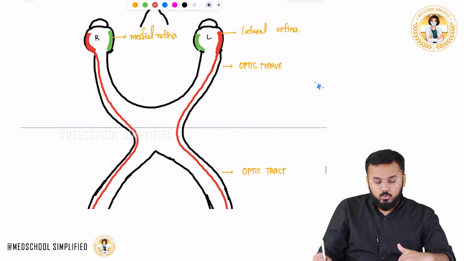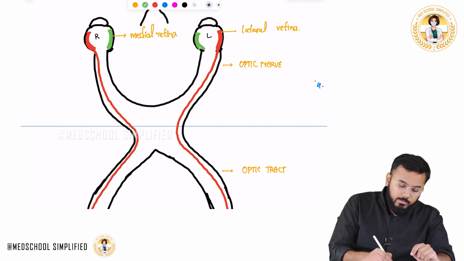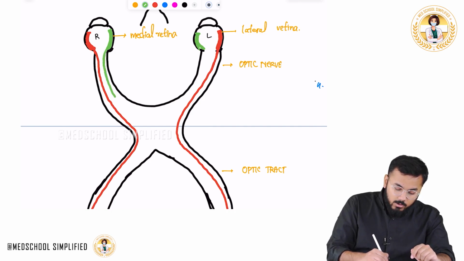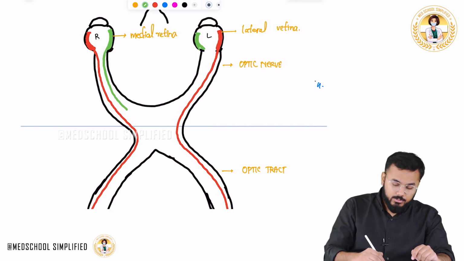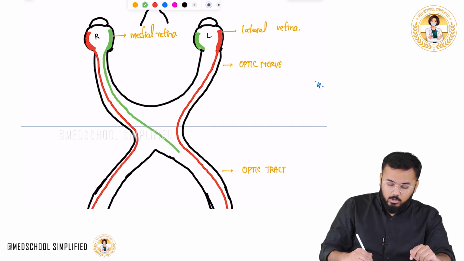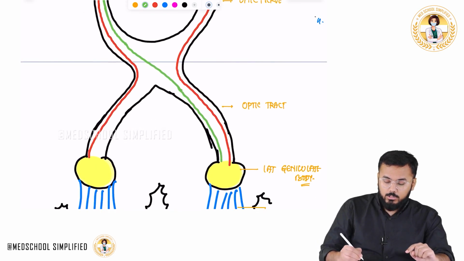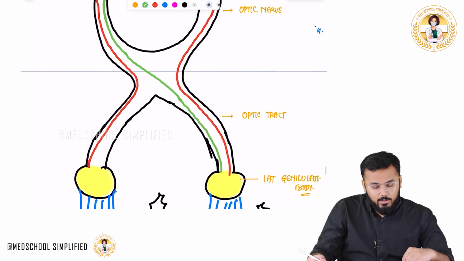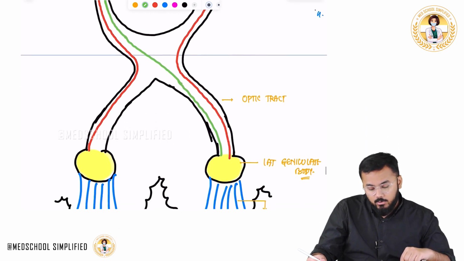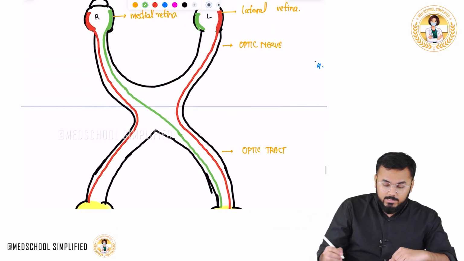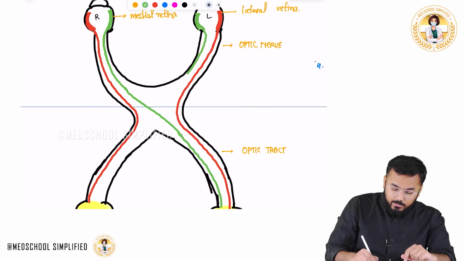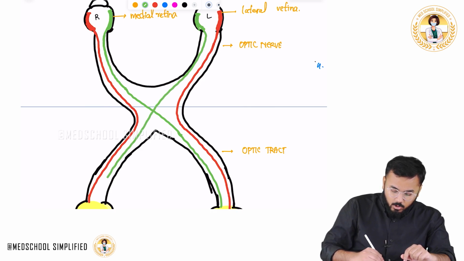Now, when it comes to the medial retina, the optic fibers are also coming down, but they are not on the same side. They cross, in the sense decussation, and then go on to the opposite optic tract. See, from the right side they go to the left optic tract. In the same way, from the left side they will go on to the right optic tract.